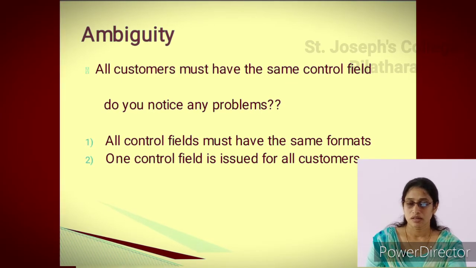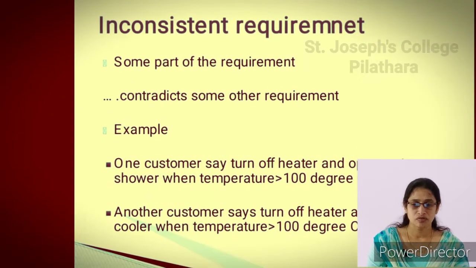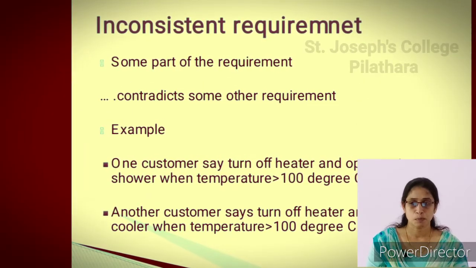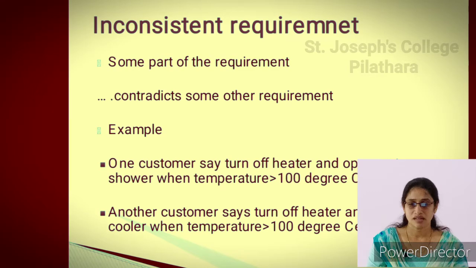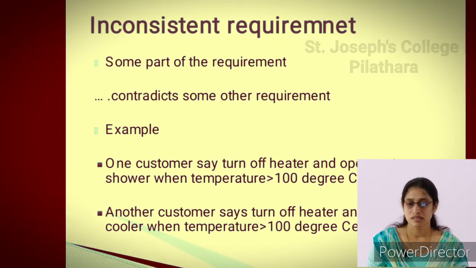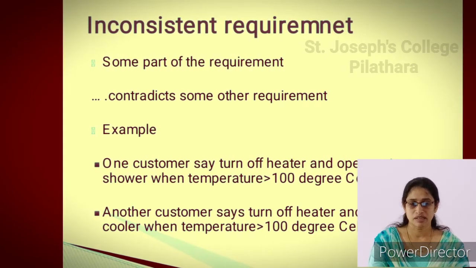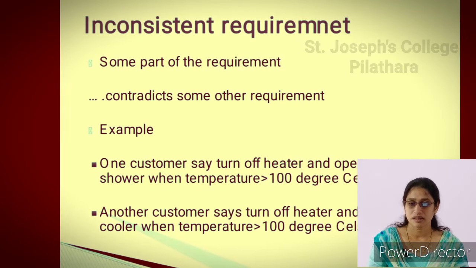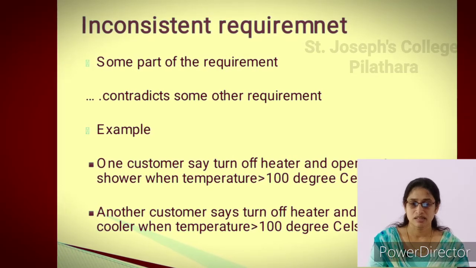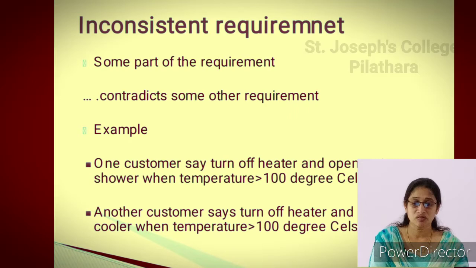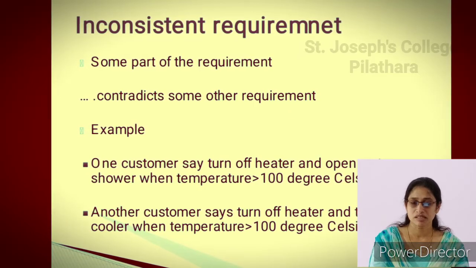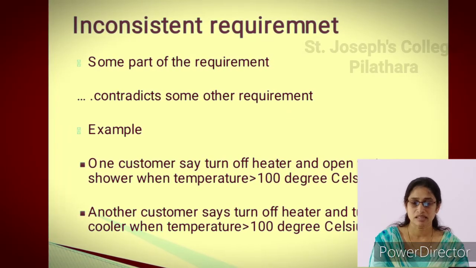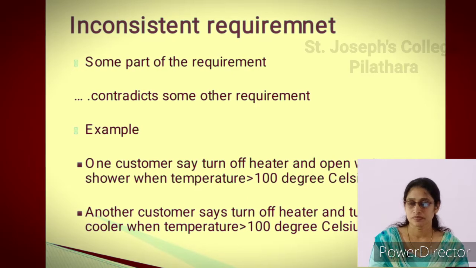Now, let's look at an example of an inconsistent requirement. As the name says, in an inconsistent requirement, some requirement contradicts some other requirement. For example, let's say one customer says to turn off the heater and open the water shower when the temperature in the chemical reactor exceeds 100 degrees centigrade.